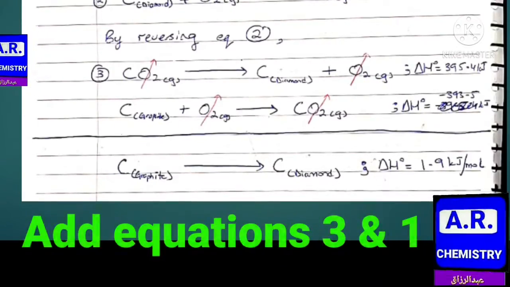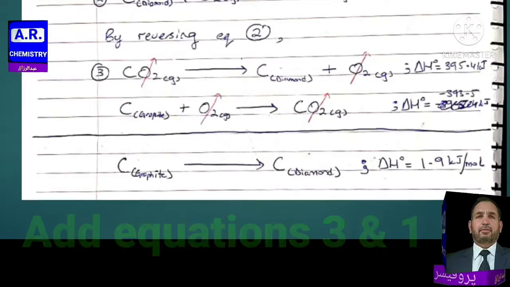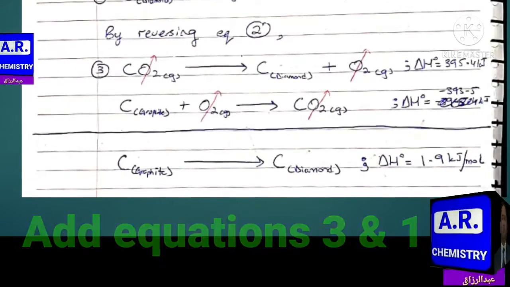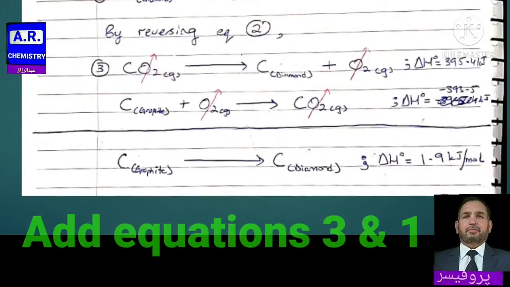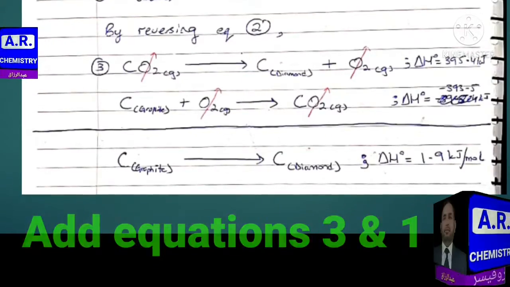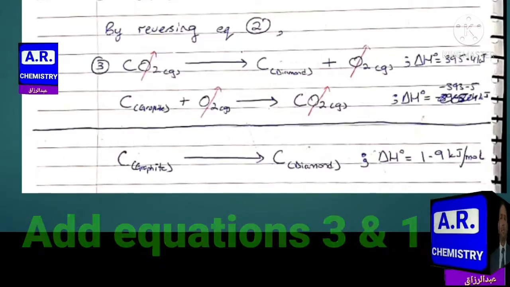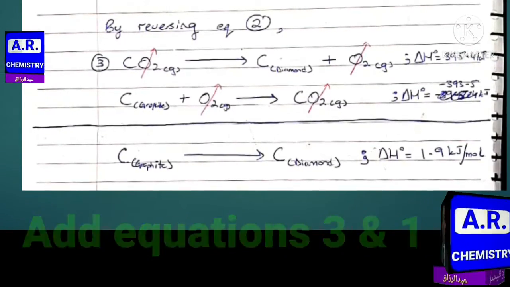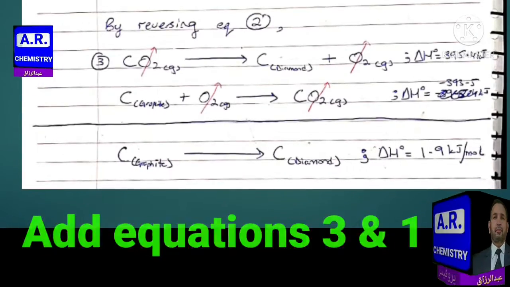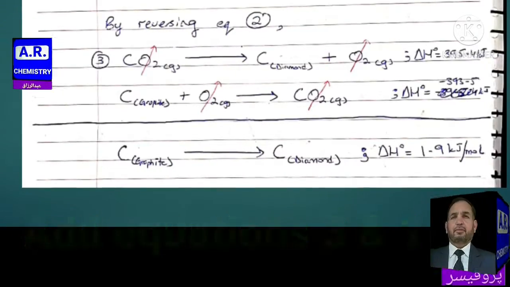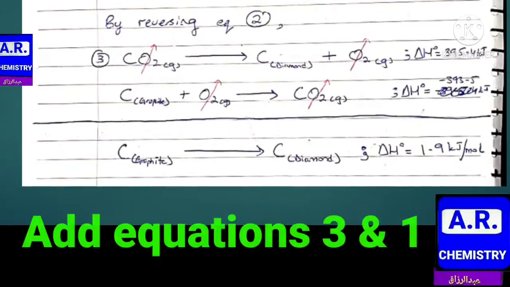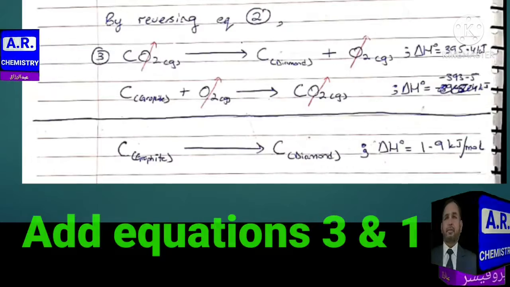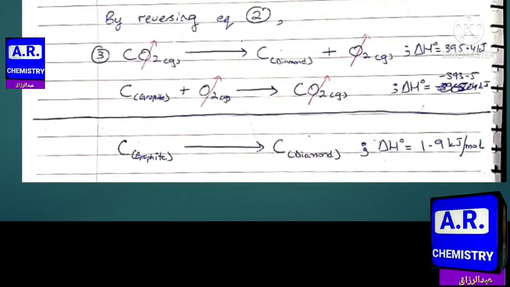So after addition, you get your required formation equation, that is carbon graphite on the reactant side, and after arrow carbon diamond on the product side, and since 395.4 is positive now and 393.5 is negative now, the enthalpy value would be 1.9 kilojoules per mole.